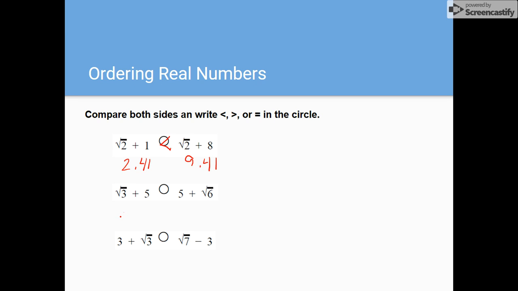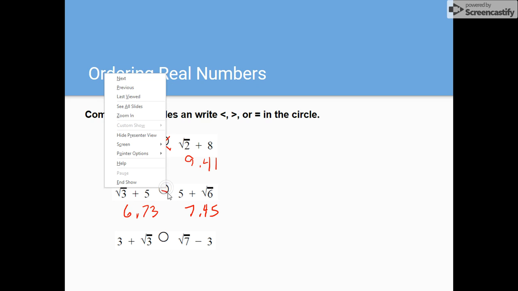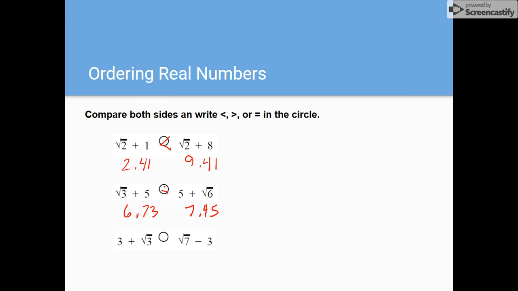Plus 5. That's 6.73. And over here, I've got 5 plus the square root of 6. And that's 7.45. Well, that's definitely larger. So this is going to be this way. That's going to be that way.